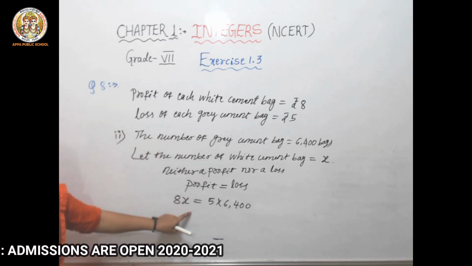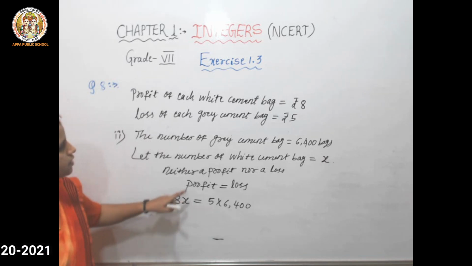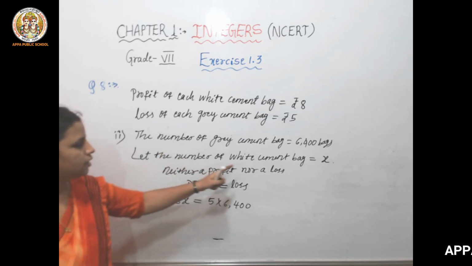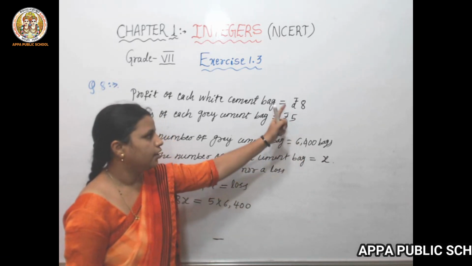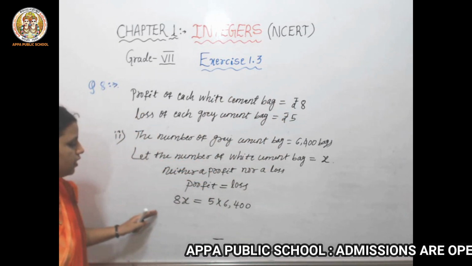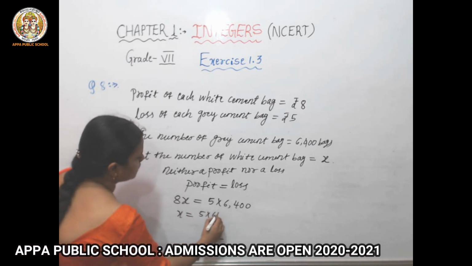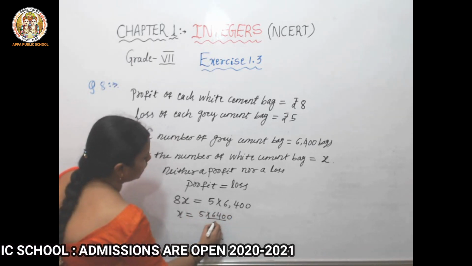Why have I multiplied x with 8? Because there are x bags, and for each bag we have a profit of rupees 8. Now x equals 5 into 6,400 by 8.